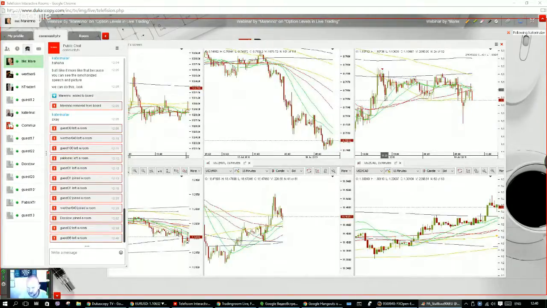I closed the first part here, another part just around here. It was early in the morning today because I didn't like the price action. And just in case, I closed it to make 100% sure that my position will be in profit, no matter if my stop loss is hit.